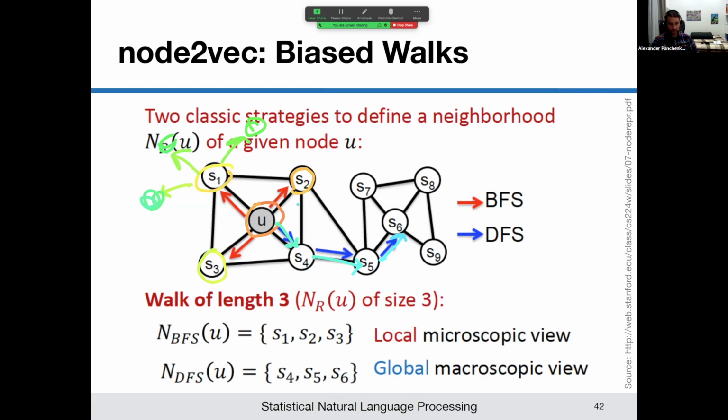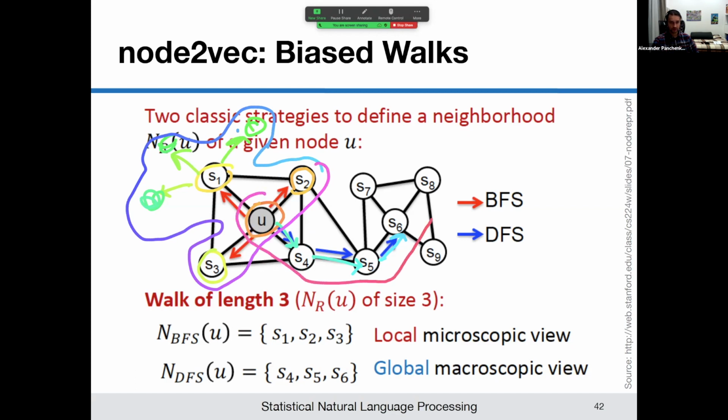If you use the first strategy, you will obtain more closely related, directly located nodes to the source. In case of the other strategy, you're going to explore some long dependencies in this graph. You're going to see how this particular node is related to some other distant nodes.